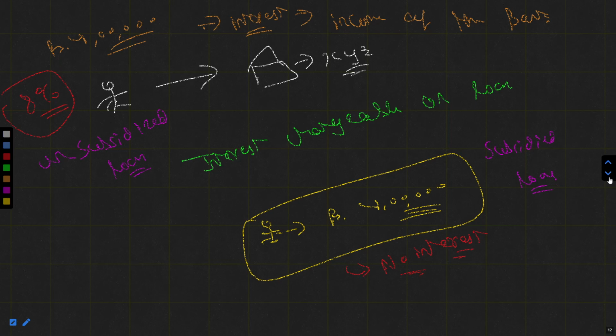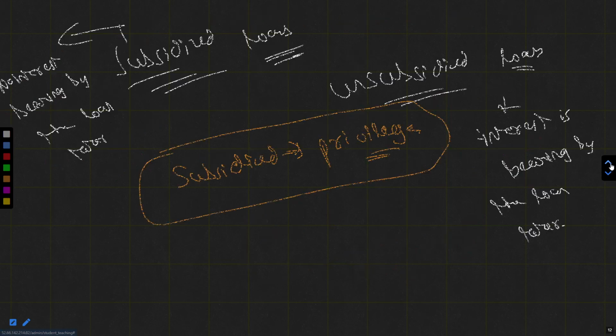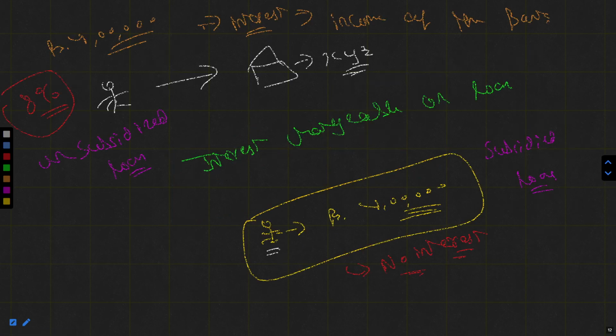So, can you say that in the subsidized loan there is no interest? No, I'm not saying this. Why? If you go with the definition, I said no interest bearing by the loan taker. I didn't write that there is no interest. Okay, so we can say in both the cases, the bank will charge the interest because the bank has to earn, then only the bank can run, right?